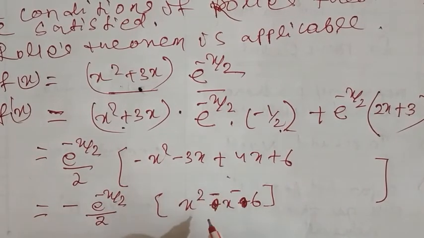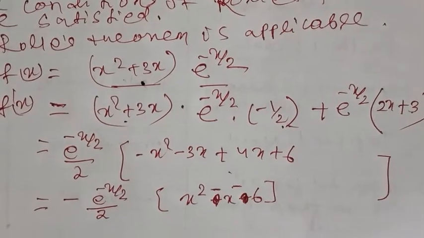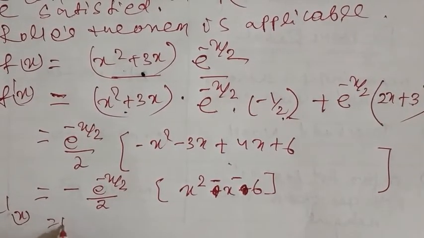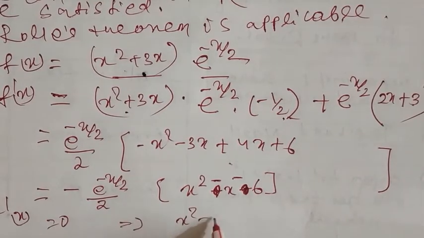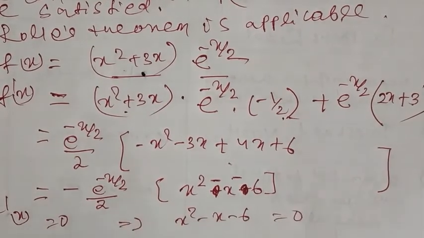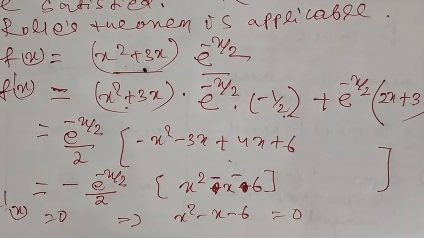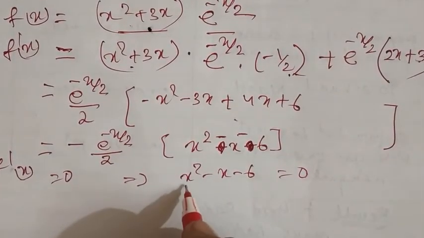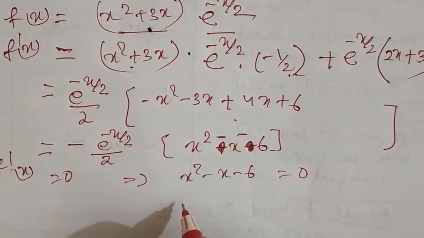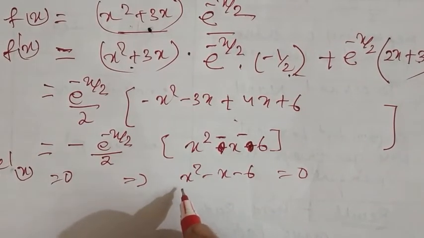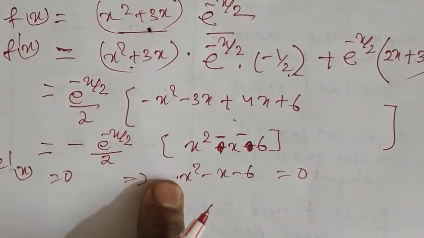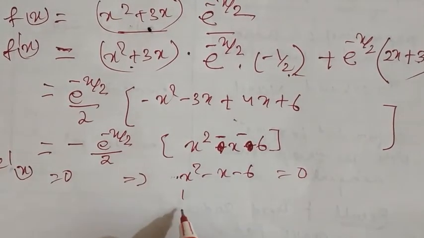Minus x minus 6. Now f'(x) equal to 0 gives me x² - x - 6 = 0. How to factorize this? Yes, I shall give you a very simple technique. What is the factor of this? 1 is 1.